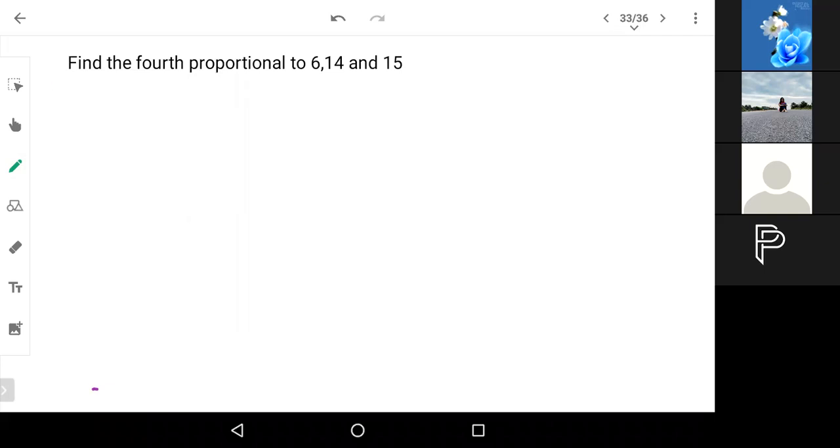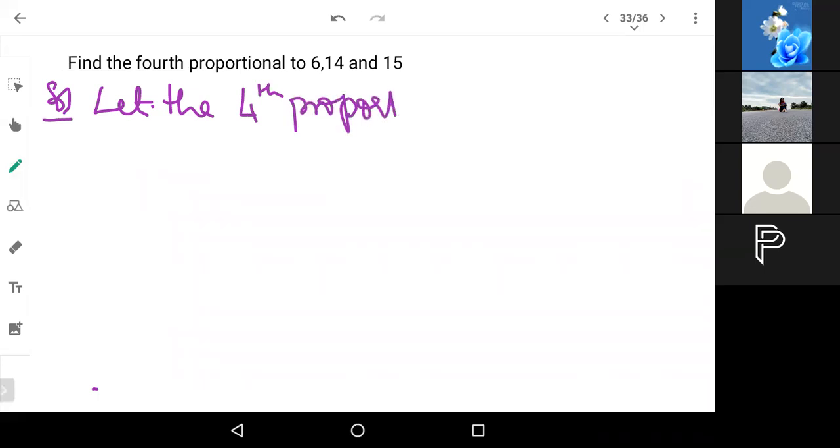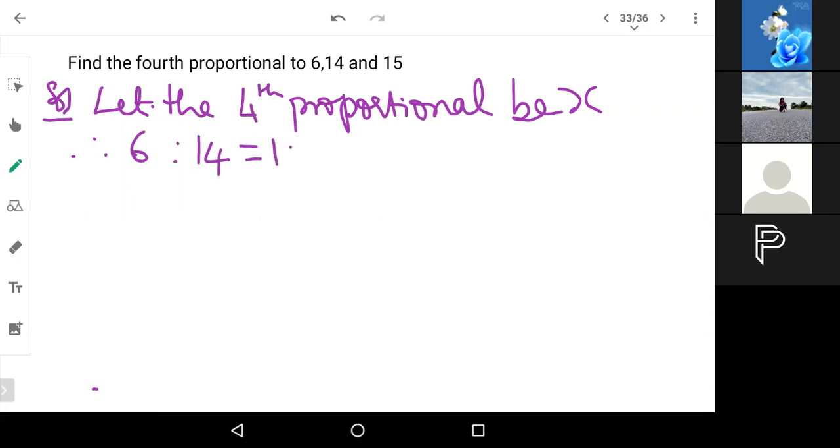So first, let the fourth proportional be x. Therefore 6 is to 14 is equal to 15 is to x.